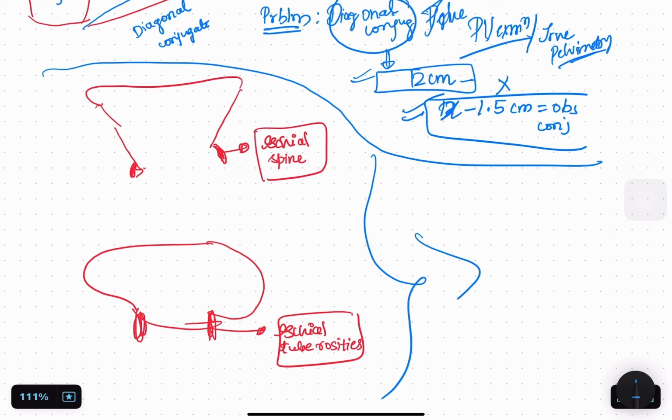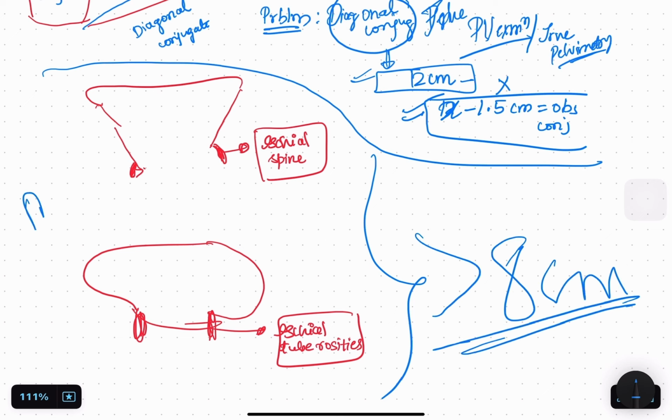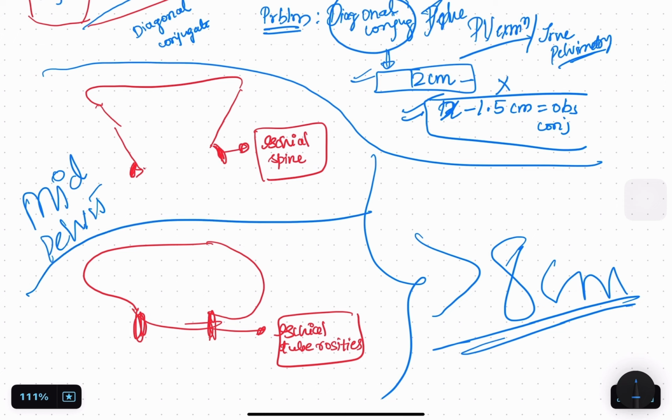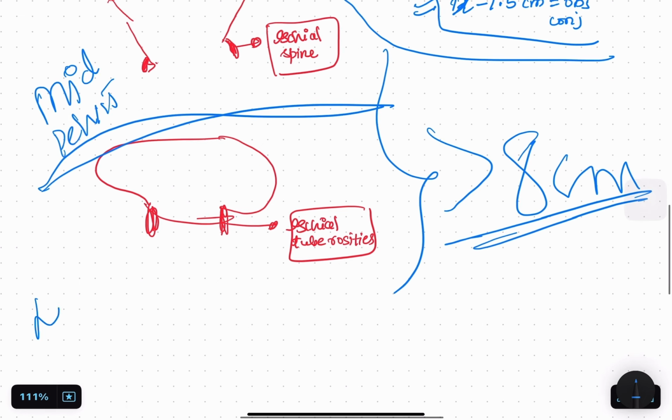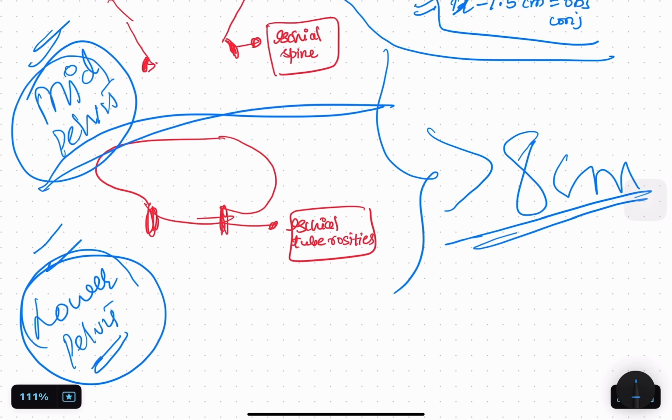So in both of these conditions, if it's more than 8 centimeters, then obviously it will also pass the mid pelvis. This is about the mid pelvis, and this is your lower pelvis. If you are unable to touch the ischial spine with both your fingers, then very good, you can try.